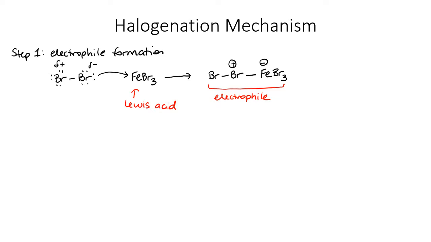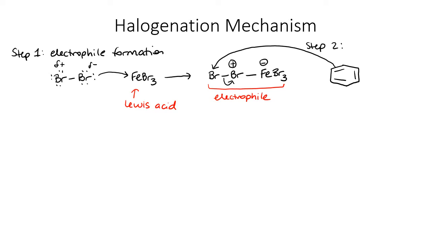Now for the next step, step 2, our benzene ring can attack our electrophile. So the pi electrons are going to go and take the bromine at the end of this complex. That's going to break the bond between the two bromines and give the electrons to the middle bromine.